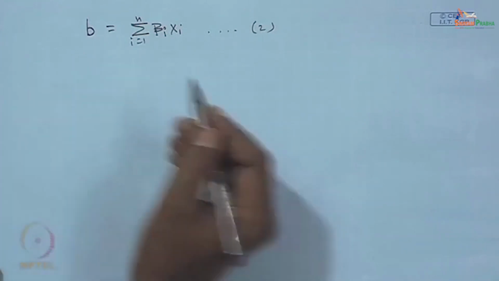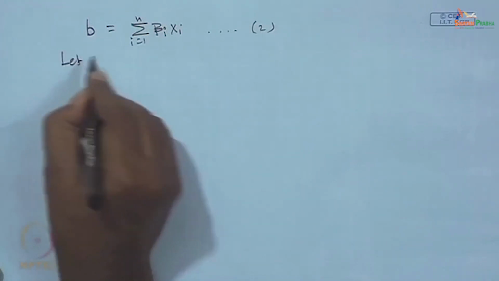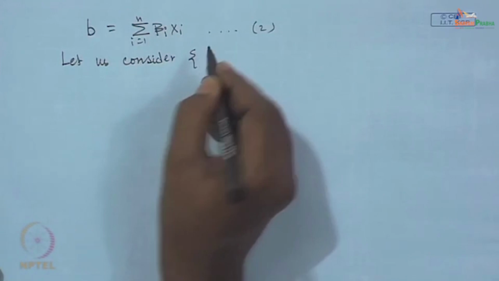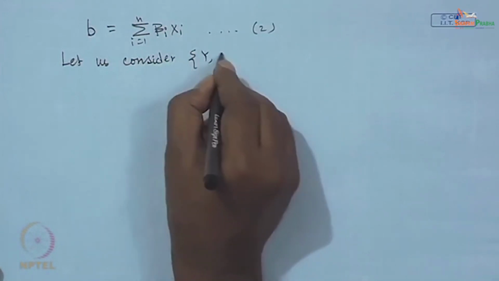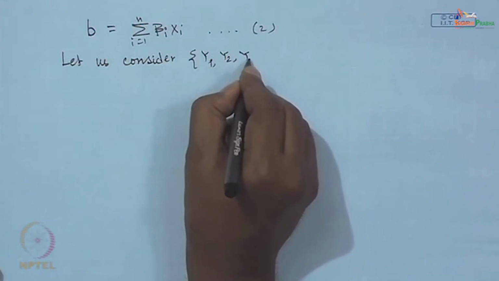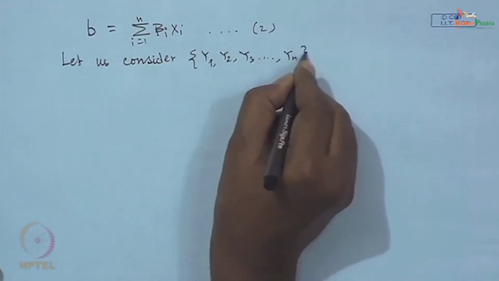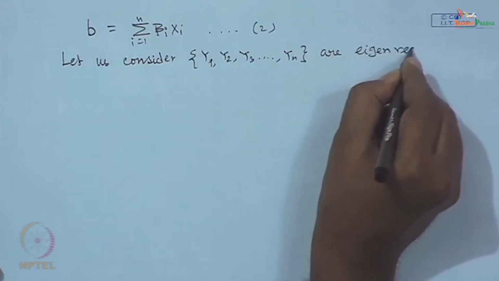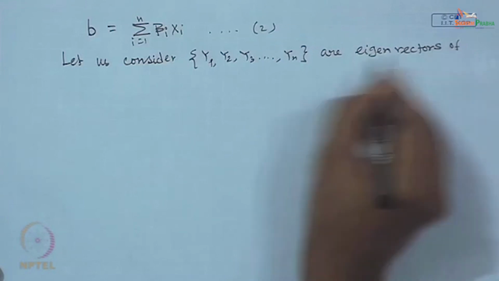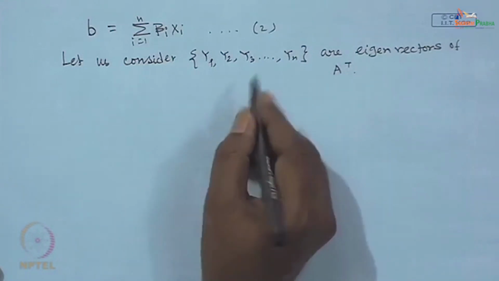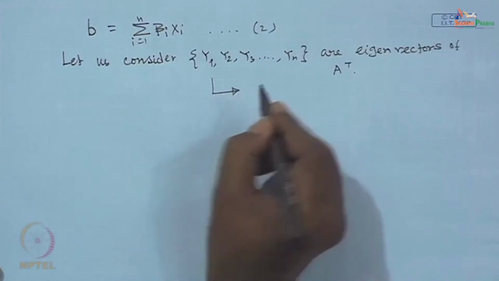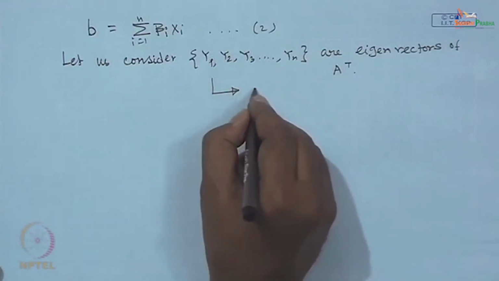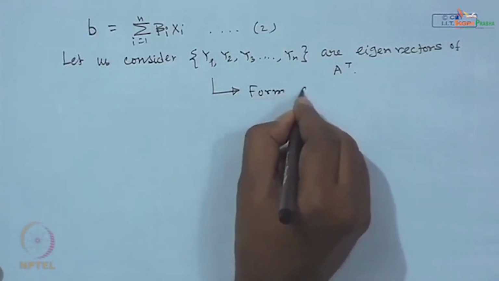Now, let us consider another case. Let us consider the set of vectors y 1, y 2, y 3 up to y n, which are eigenvectors of A transpose. Since these are also eigenvectors of the matrix A transpose, they form a basis set.